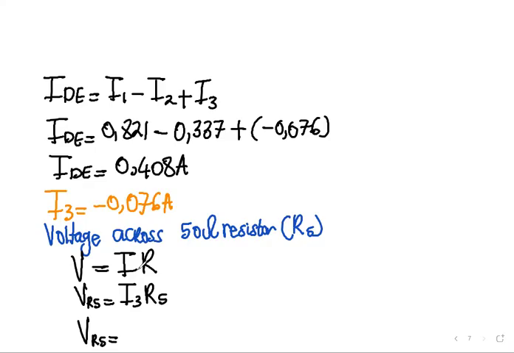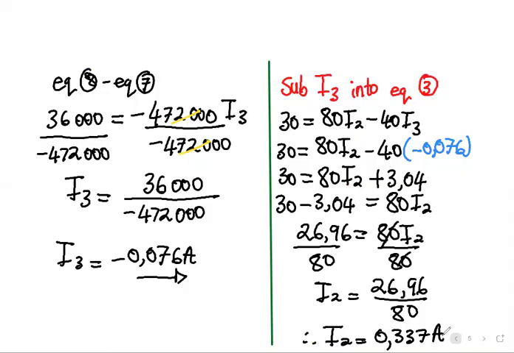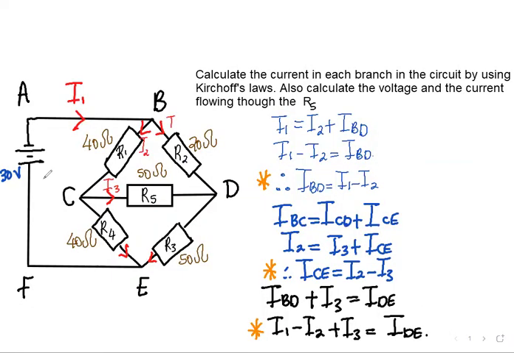Remember now, since we're calculating the voltage, it can never be negative. So that negative on the current I3 represents the direction. So you substitute it as positive. So hence it's going to be 0.076 multiplied by the 50 ohm resistor. Because when you check the diagram, let me show you. Our 50 ohm resistor is this one, which is R5, and it's in combination with I3, right?